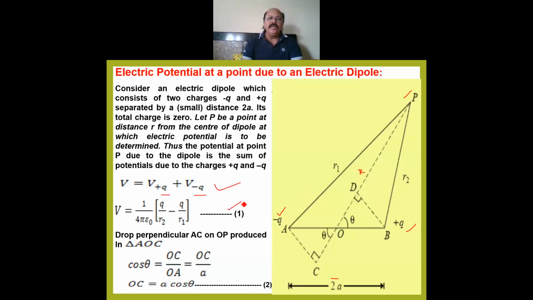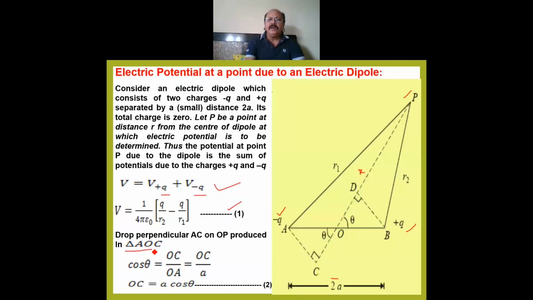Now you see in equation 1, we have to calculate 1 upon r1 and 1 upon r2 and substitute these values in equation 1, then we get an expression for electric potential at point P due to an electric dipole. For that purpose, we drop a perpendicular AC on OP produced.